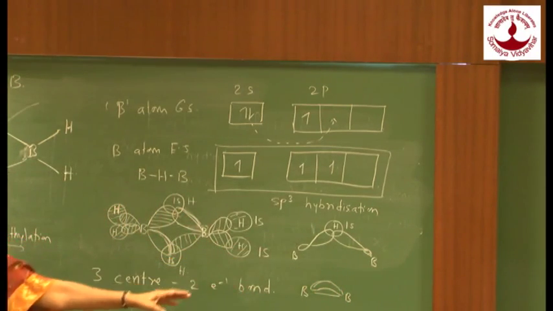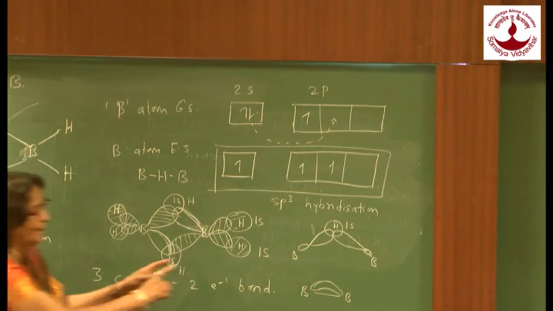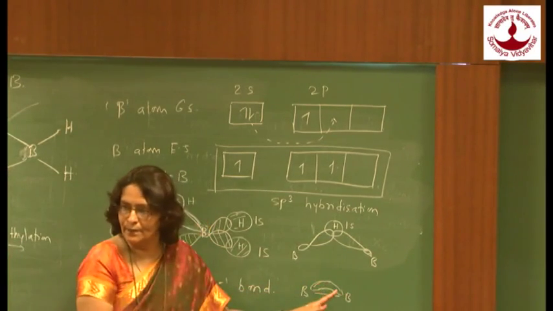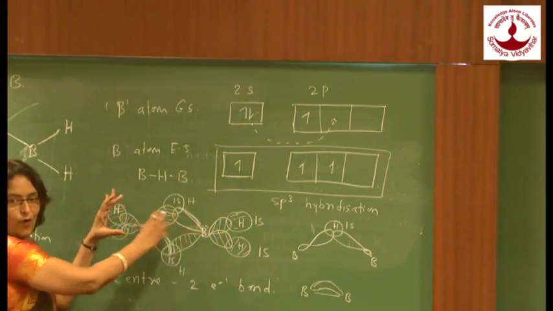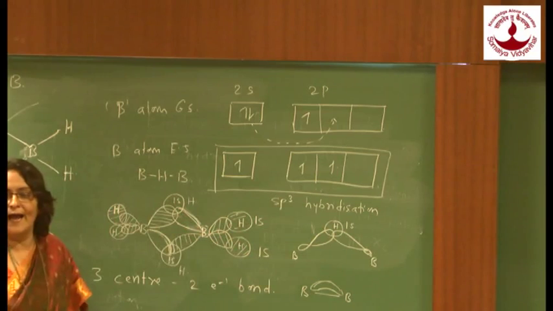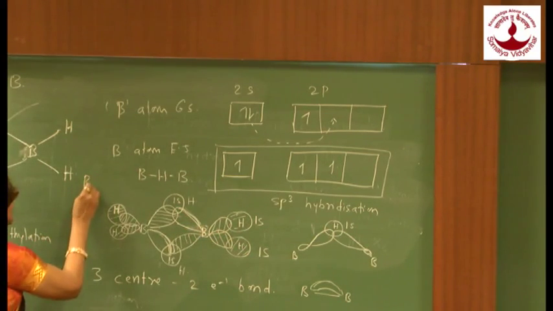So because this 3-center 2-electron bond has got a banana type of shape because of the overlapping of these orbitals for the BH bond, hence this bond is called a banana bond.